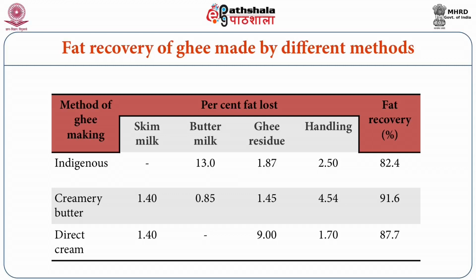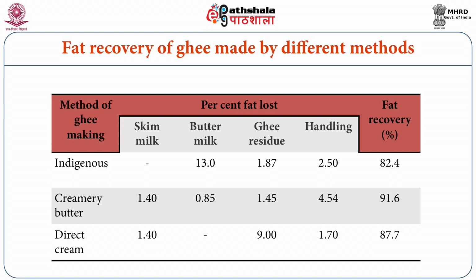Now let us analyze why there are more fat losses in these two cases. If you see the indigenous one, during churning of the curd, the fermented curd, into makhan, in the buttermilk that is formed, there is a higher fat loss because of the crude indigenous technique of churning.